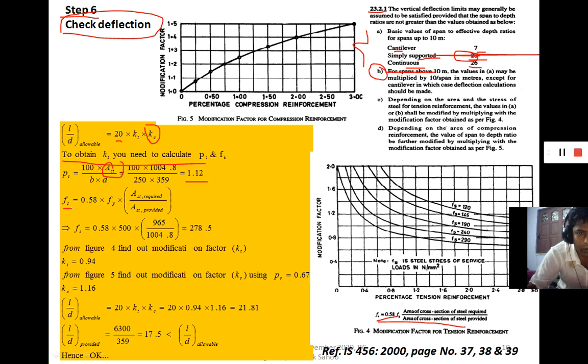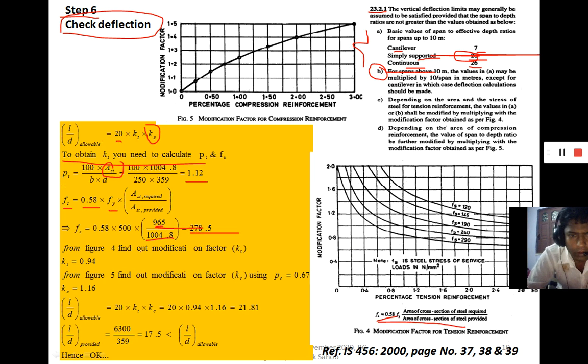The stress developed in tensile steel uses the expression 0.58 times fy times Ast required by Ast provided. Required is 965 and provided is 1004.8. So the stress of steel is 278.5 MPa.